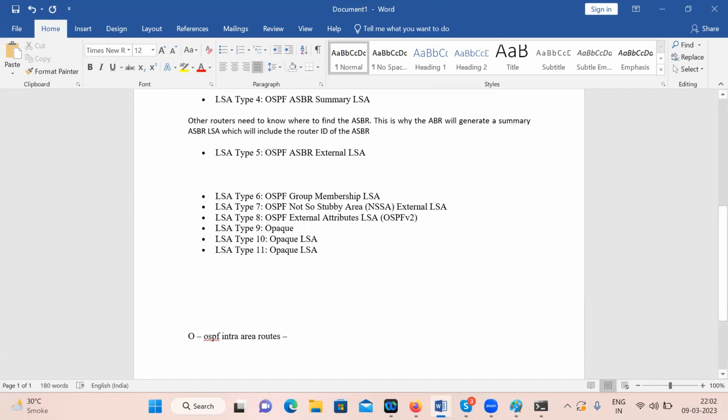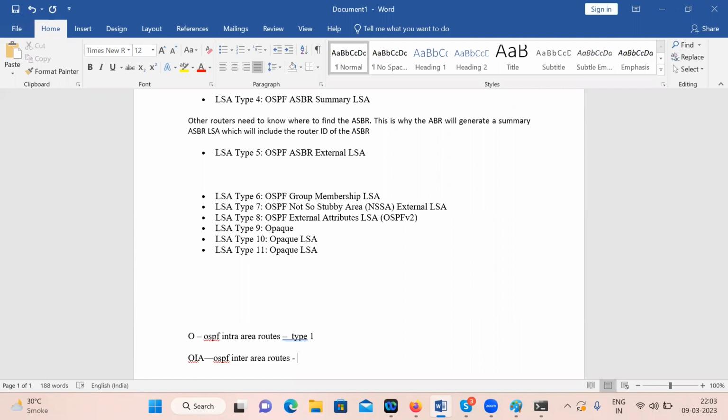Okay. Second is OIA. OIA stands for OSPF inter-area routes. What exactly is an OSPF inter-area route, and through which LSA type do you receive this information? These are the routes coming from a different area.